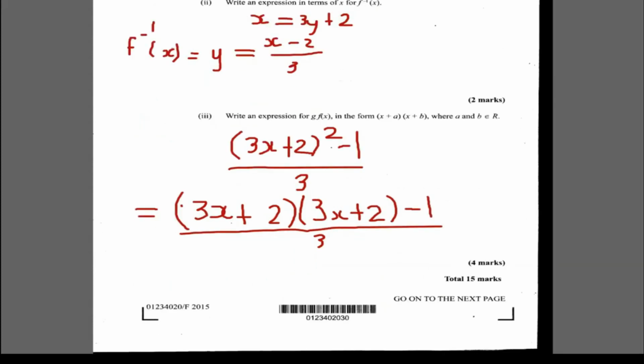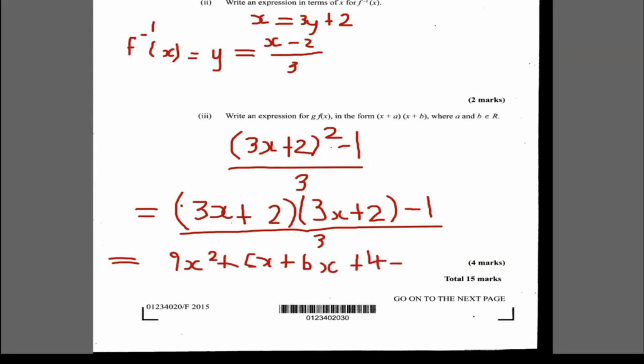All right, so working this out, what we're getting is 3x times 3x is 9x squared, plus 3x times 2 is 6x, and this times 3x becomes another 6x, plus 6x. 2 times 2 is 4, minus 1.